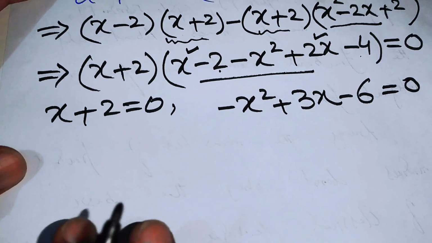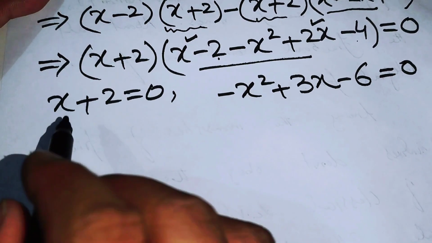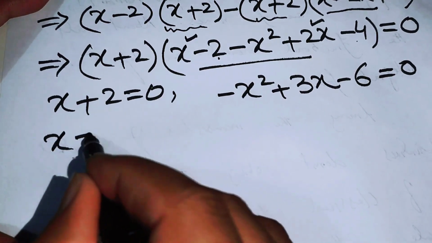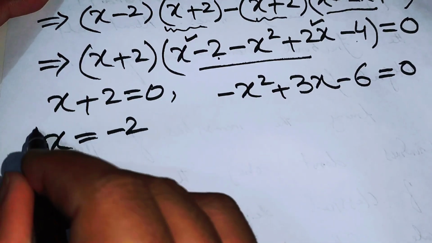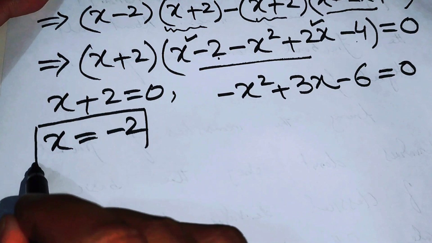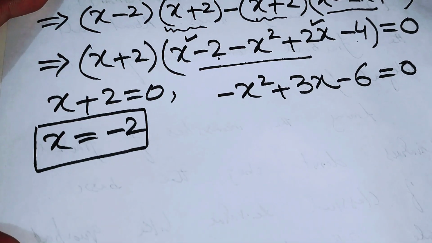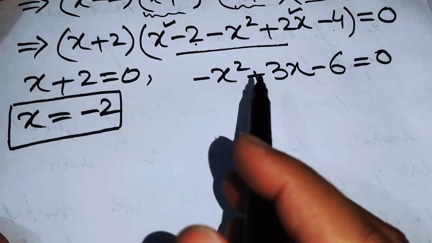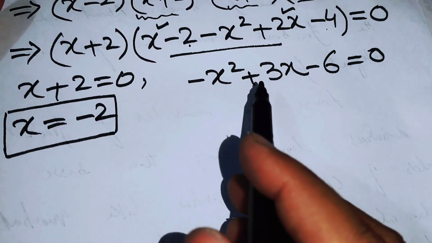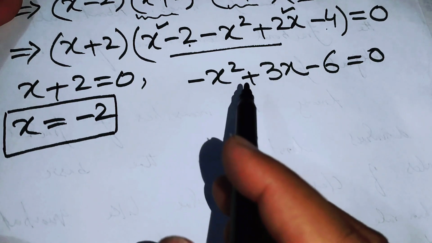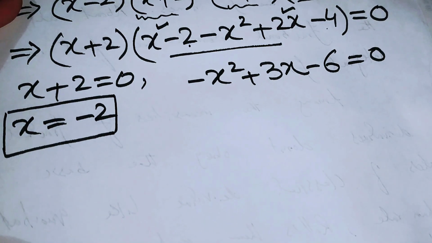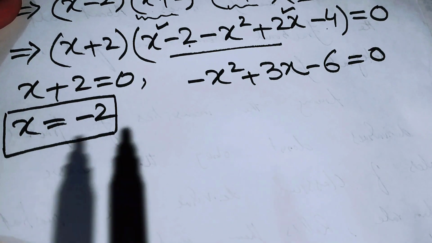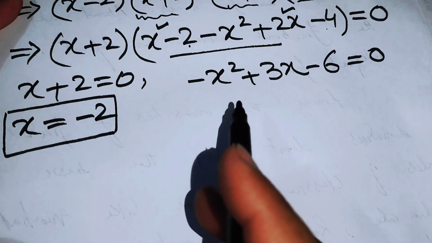So now first I can solve the first case. Here you get x is equal to minus 2, and this is the first root of the given equation. In order to find the other real roots, first I will check whether this quadratic equation has real roots or not. So I can use the discriminant formula. The discriminant tells us whether this equation has real roots or not.